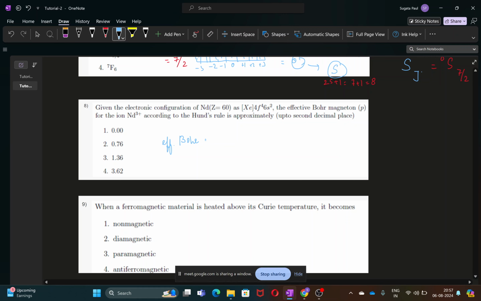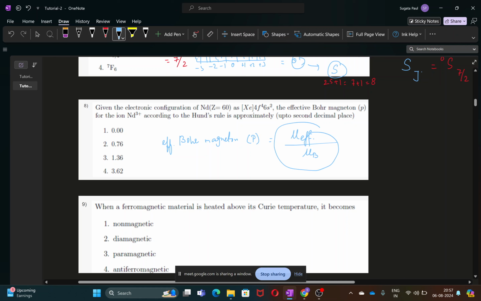So effective Bohr magneton P is nothing but the net effective magnetic moment, mu effective, divided by the value of each Bohr magneton, which is mu B. This gives your value of the effective Bohr magneton count P.